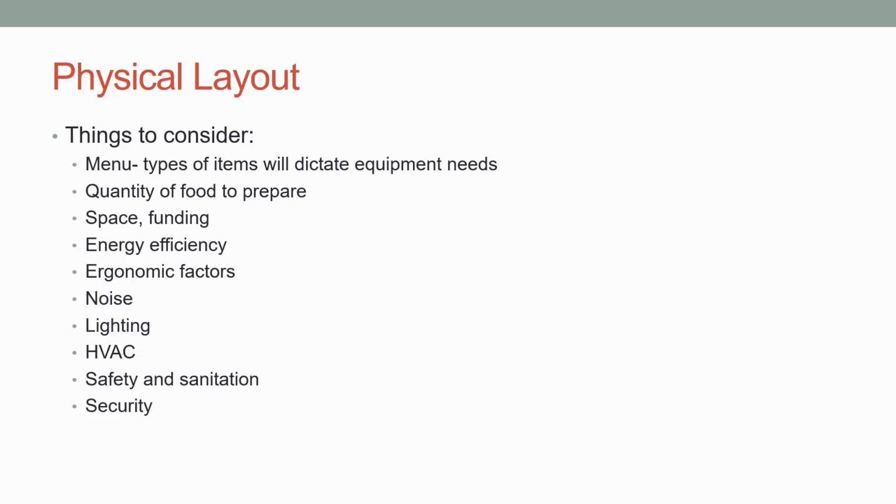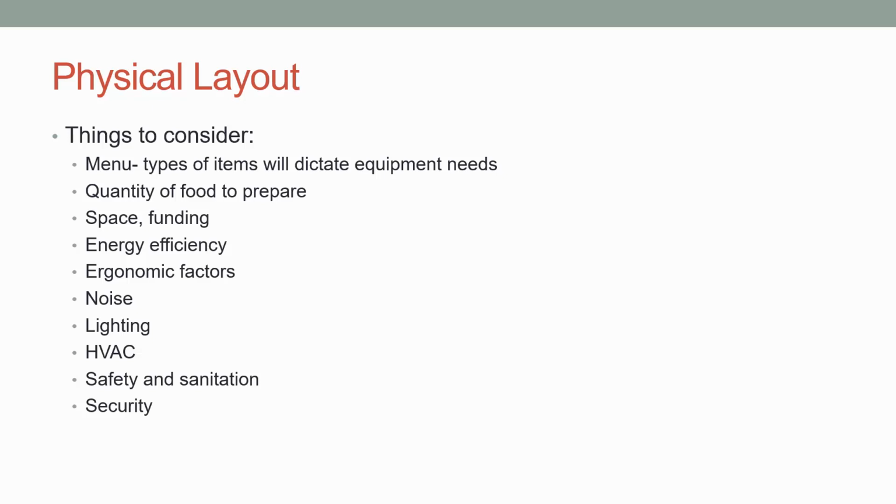Some other things that we also think about are energy efficiency, and there's an article for you guys to read for that as one of your assignments. Ergonomic factors, job flow. How well does this make sense in terms of workflow, job safety? Even ergonomic could be as simple as what height is your counter that you're asking people to work at?